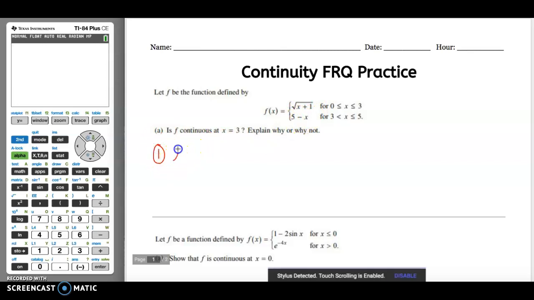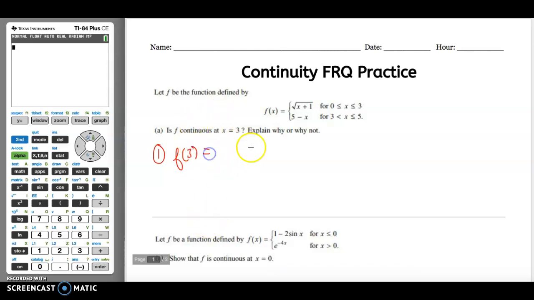So I always do f of 3 equals, and then where would you actually plug in 3? Well, I'd actually plug in 3 in the top piece of my piecewise function. So then I get square root of 3 plus 1, which would equal square root of 4, which would equal 2. Okay, so f of 3 equals 2.